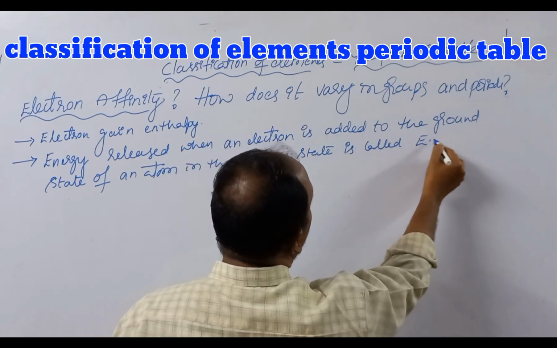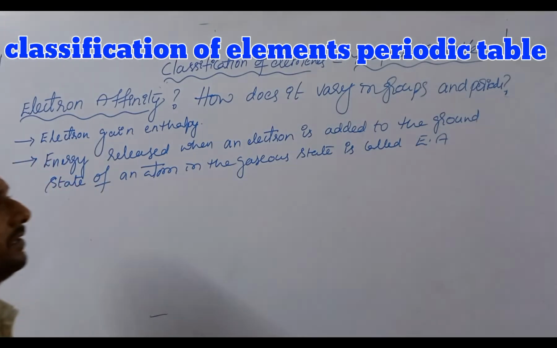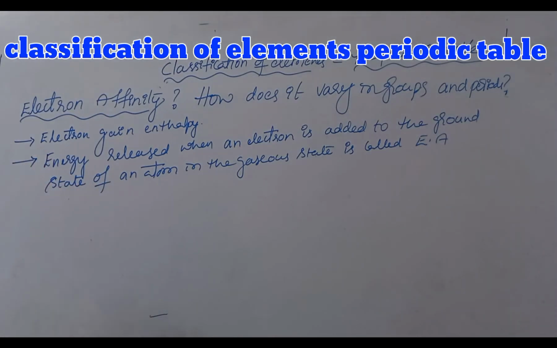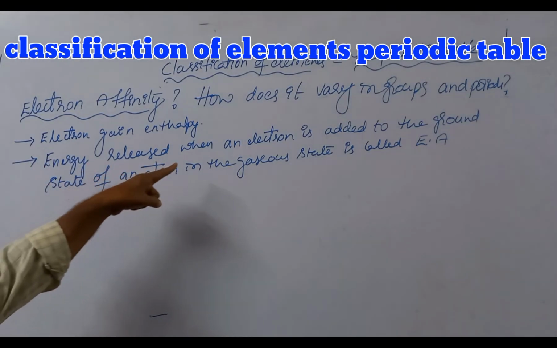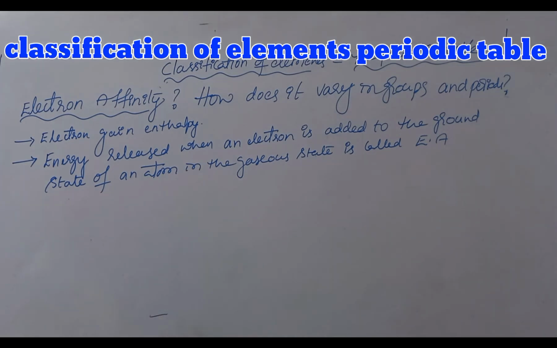In short form, it is denoted by E.A. That is, when an electron is introduced into the ground shell or least energy shell of an atom which is in the gaseous state, it can be considered as electron affinity.